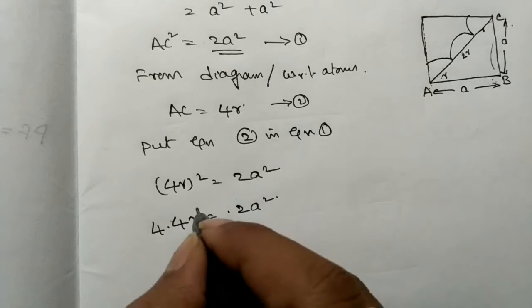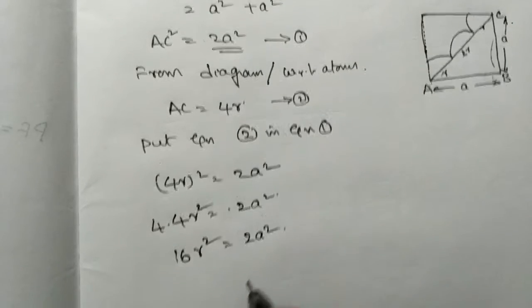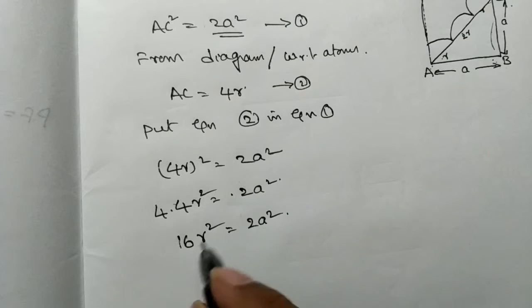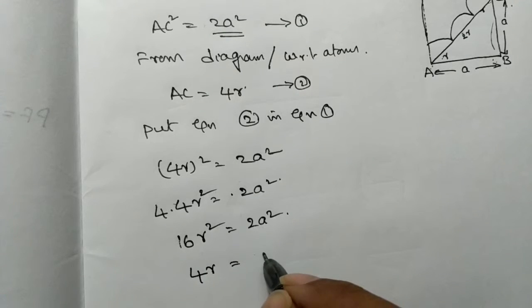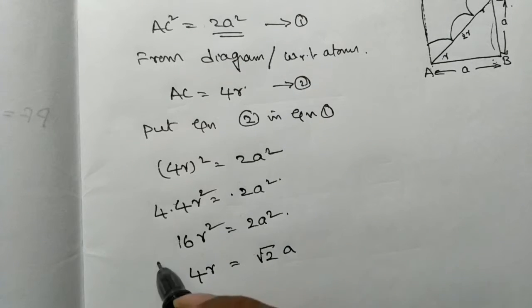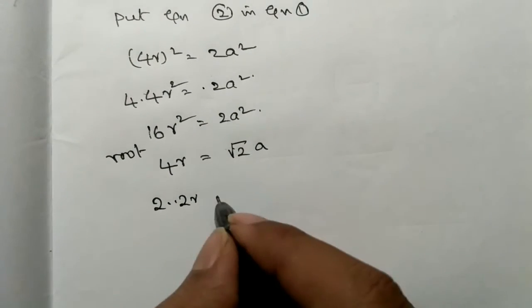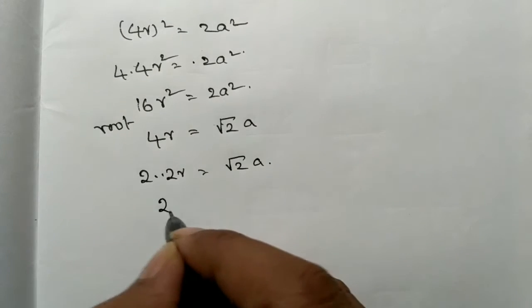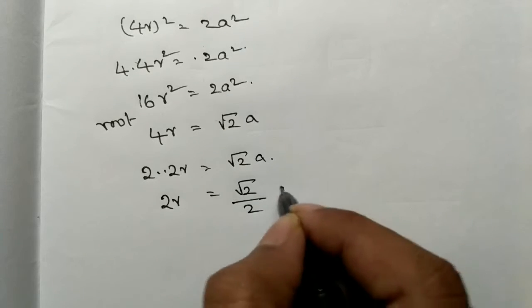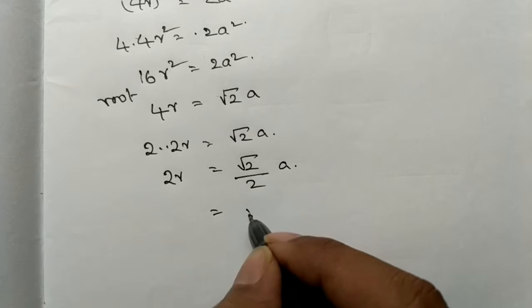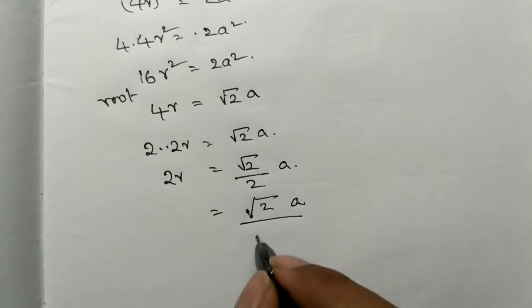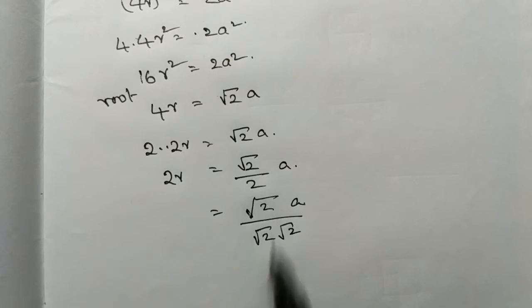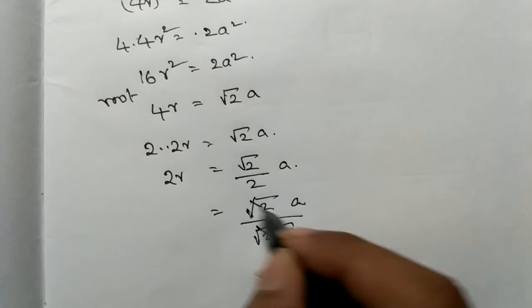Then remove the square: this will be 4R equal to root 2 into A. Then we have to find 2R, that is 2 into 2R equal to root 2 into A. That means 2R is equal to root 2 by 2 into A. Here we can write 2 as root 2 into root 2, and one root 2 will be cancelled.